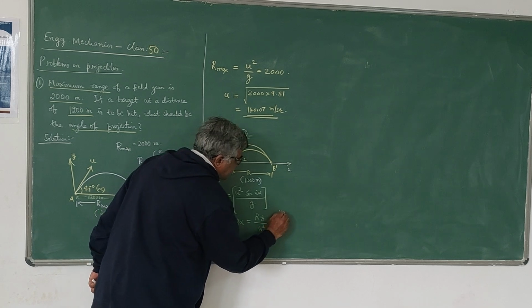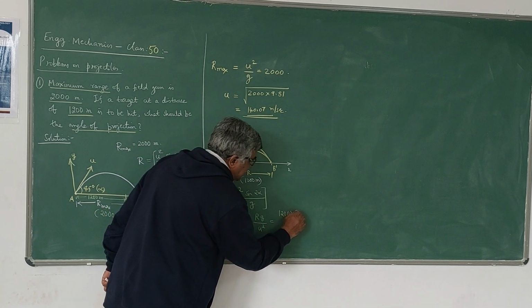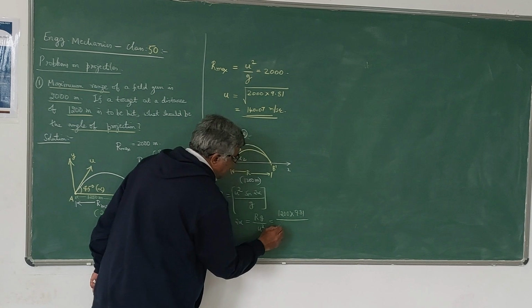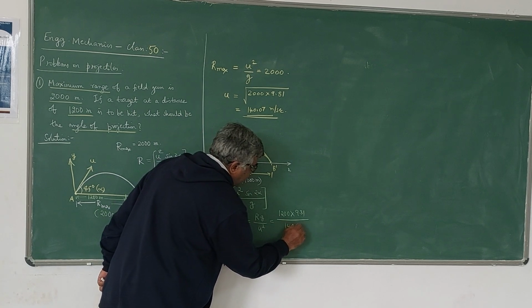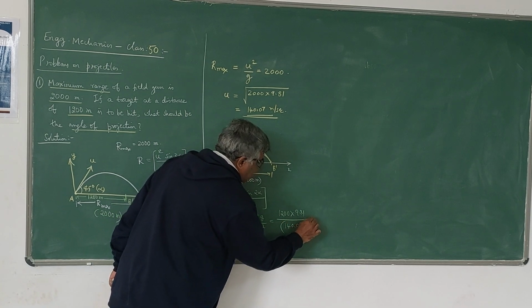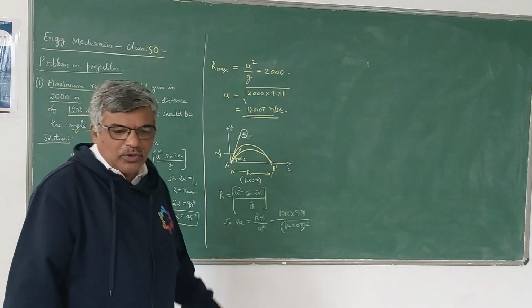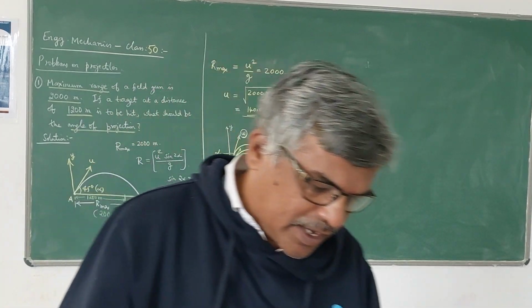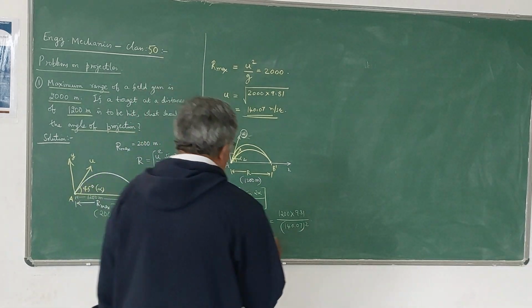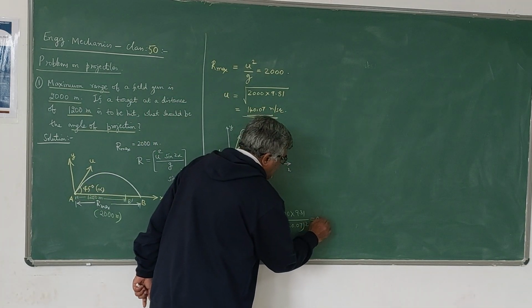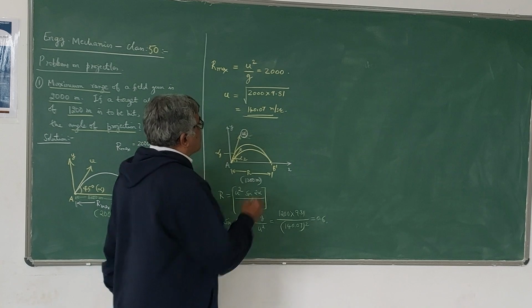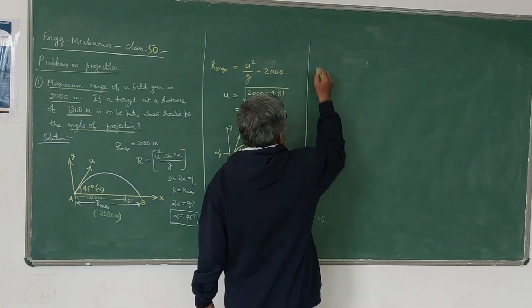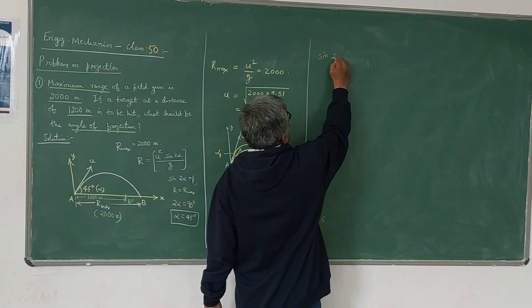Here R is given as 1200 meters, g is 9.81, divided by the square of u, which we calculated as 140.07. If you simplify this, sin 2 alpha is equal to 0.6. That means sin 2 alpha is 0.6, so you can have two values of alpha.